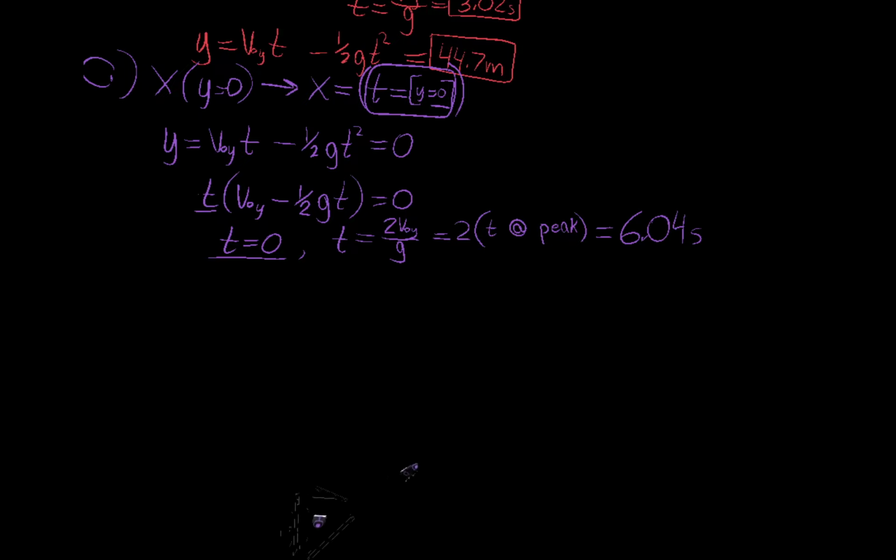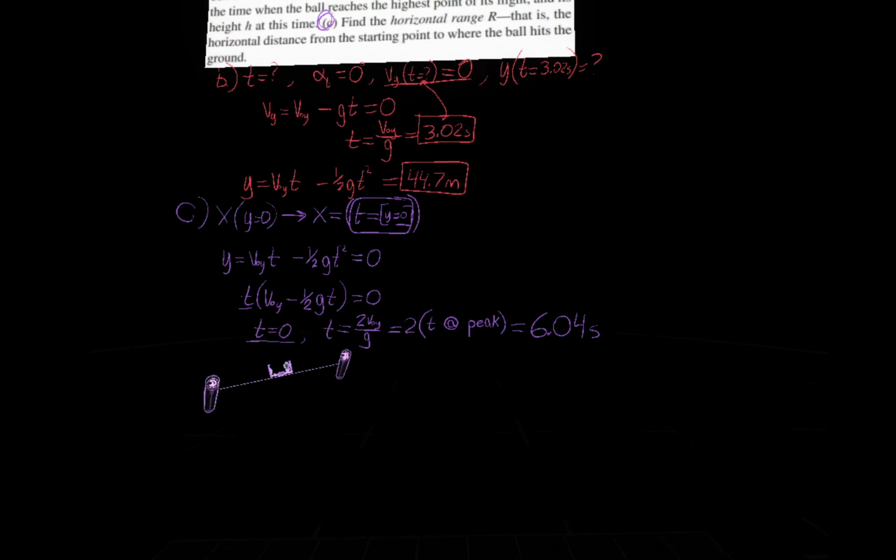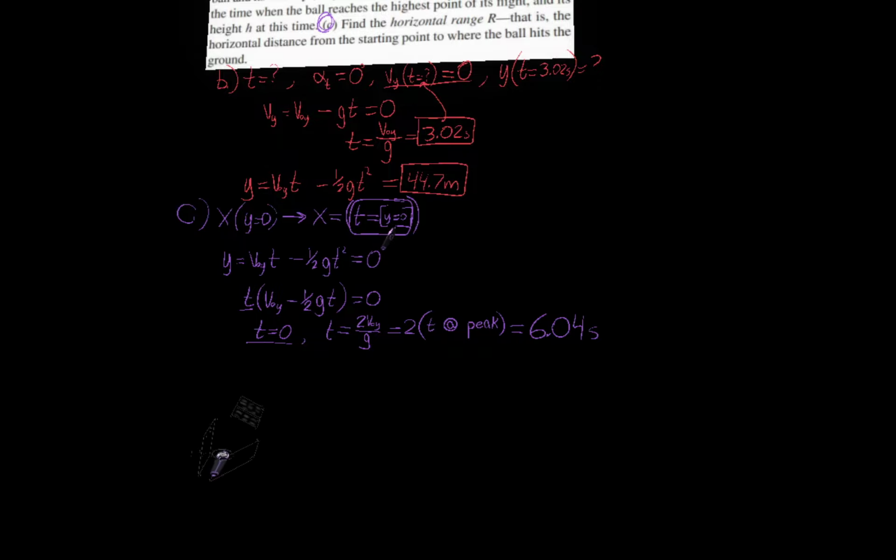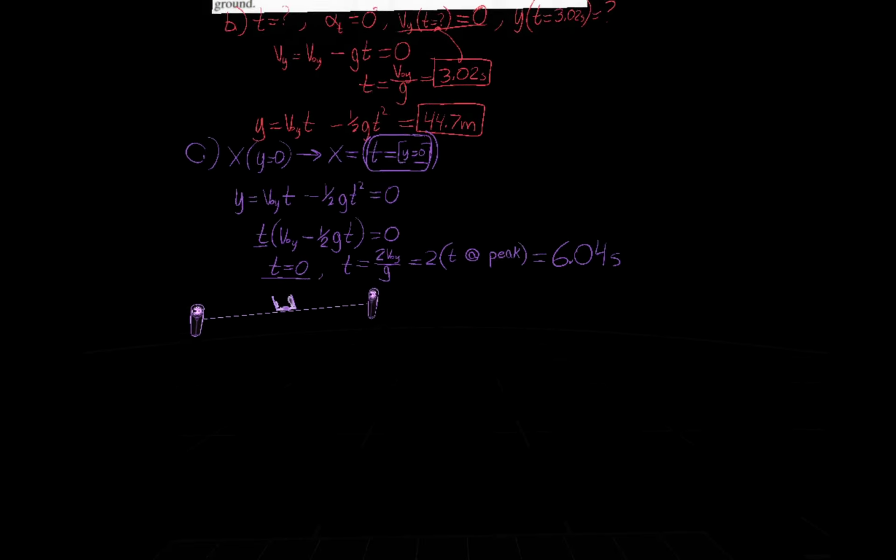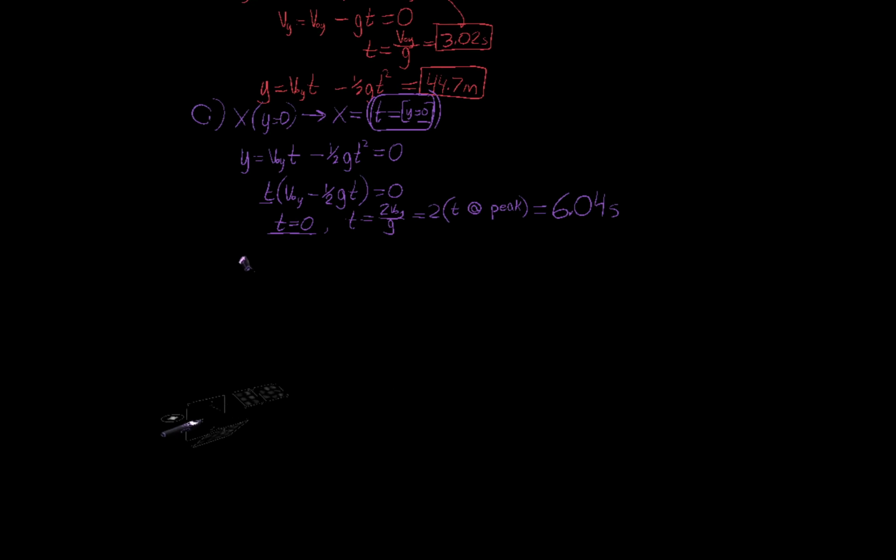And now we just need to plug in for x, right? So we've gotten this t, when y equals 0. So now we're trying to find x at time equals 6.04 seconds, right?